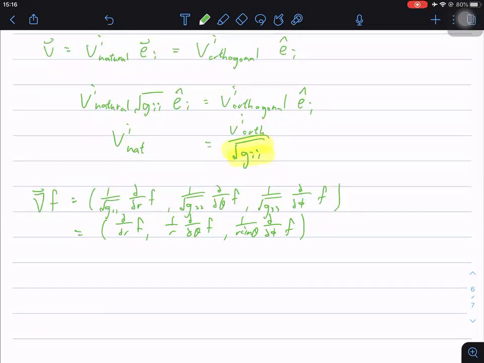So we can now convert the vector component from the natural basis to the orthogonal basis.